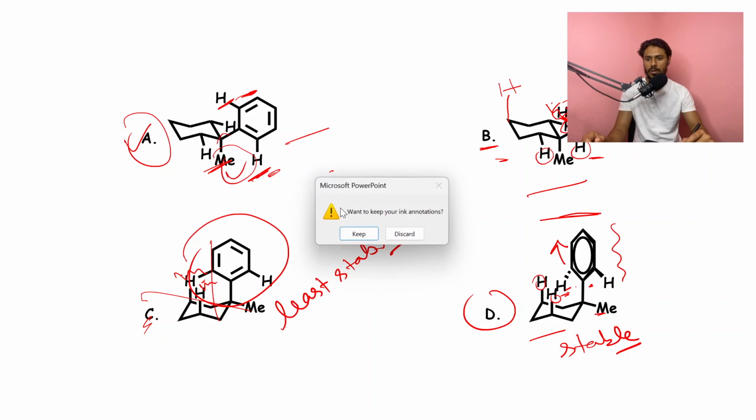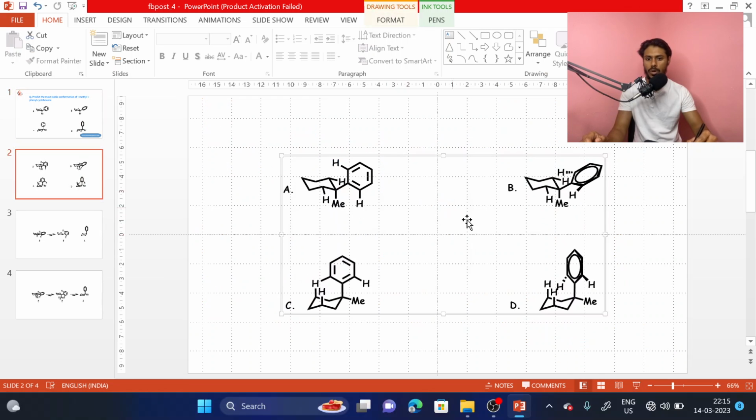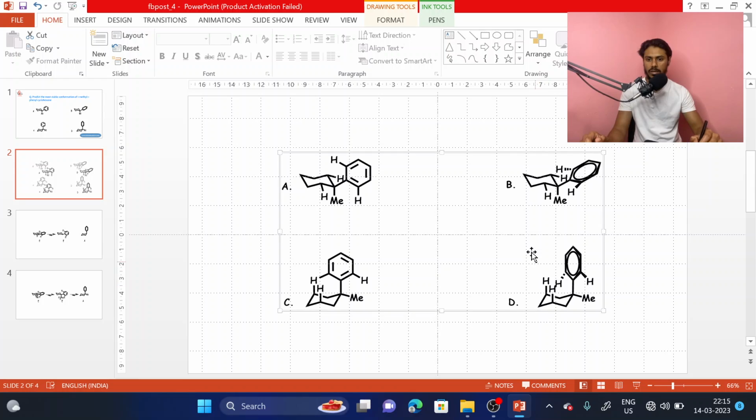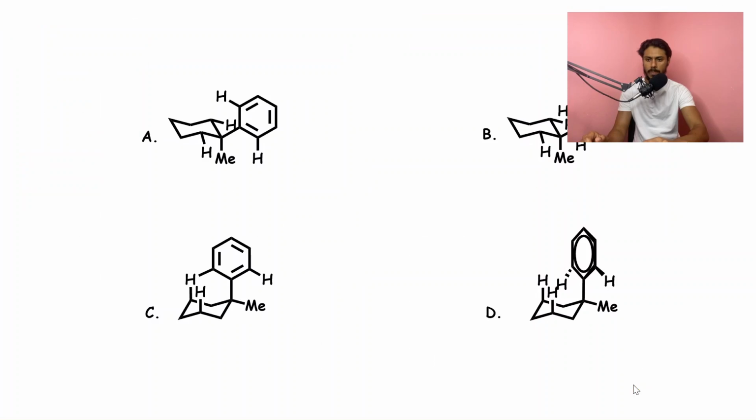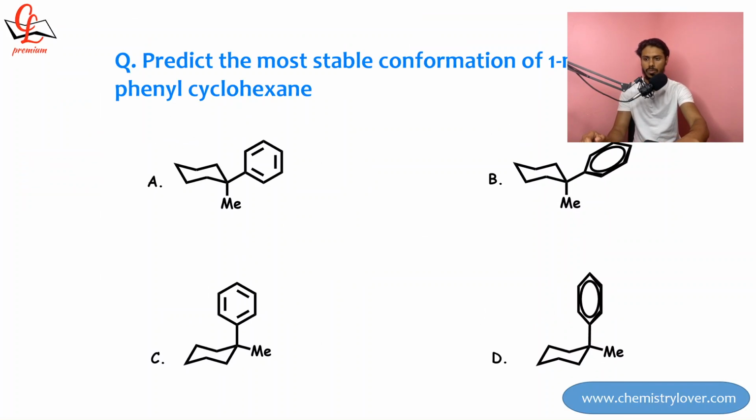So we can say that among all these four species, D would be the most stable conformation.